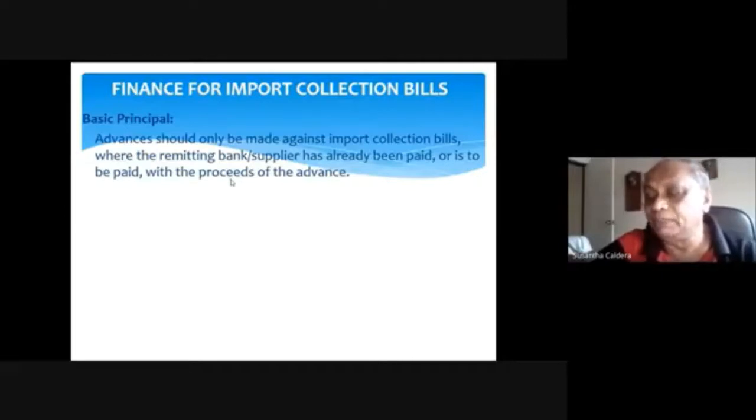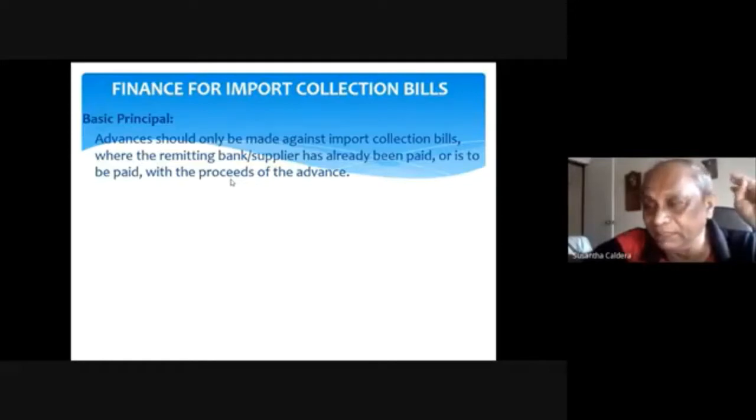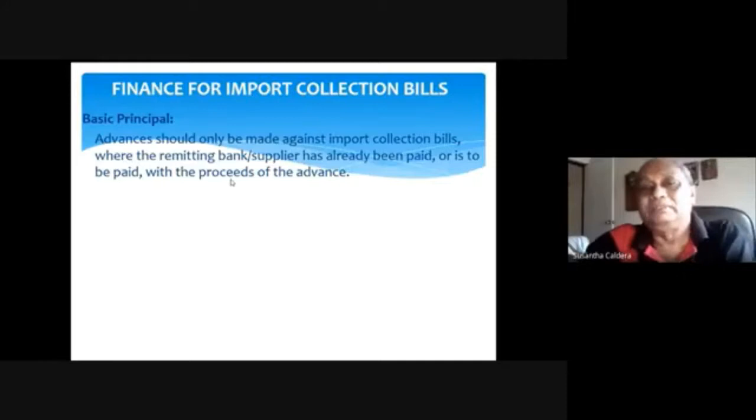Berewalaවත් import collection bills ඇවිල්ලා import bill එක clear කරගන්න customer ඇවිල්ලා අපෙන් කියනවා madam, I need a facility to clear the collection bills, to settle the collection bills. අපි එතකොට collection bills settle කරන්න දෙන්නේ සල්ලි දෙන්නේ customer ගේ අතට නෙමෙයි. මේ facility එක හදලා we'll have to ensure that we are paying the exporter or the supplier.